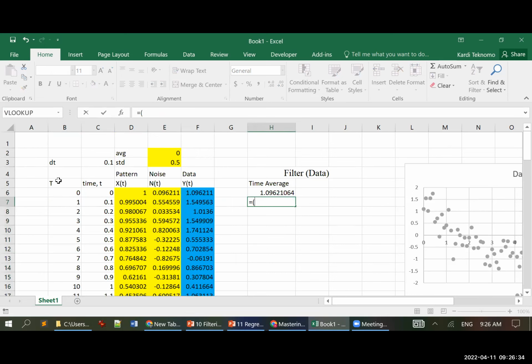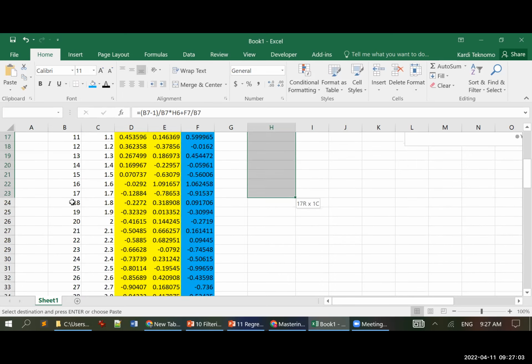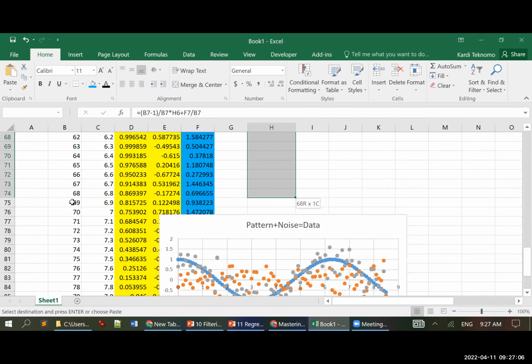So here is t minus 1 divided by that t, multiplied by the previous time average, plus that data divided by t. Then I copy.